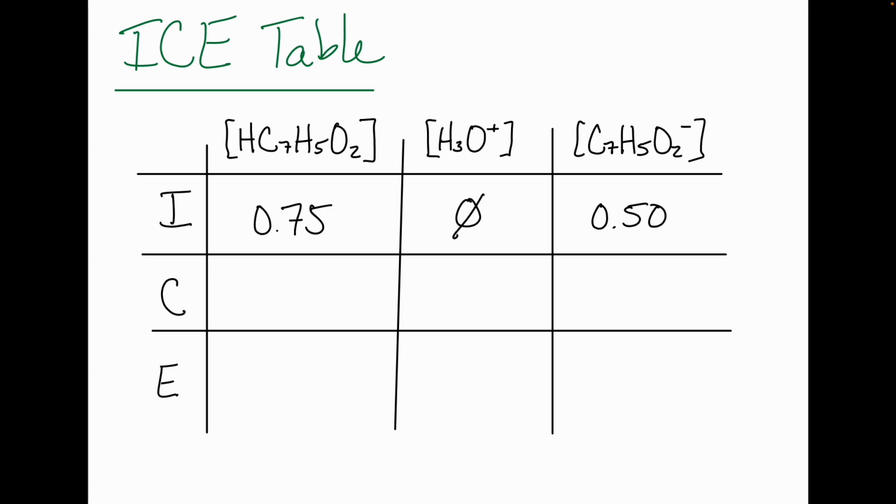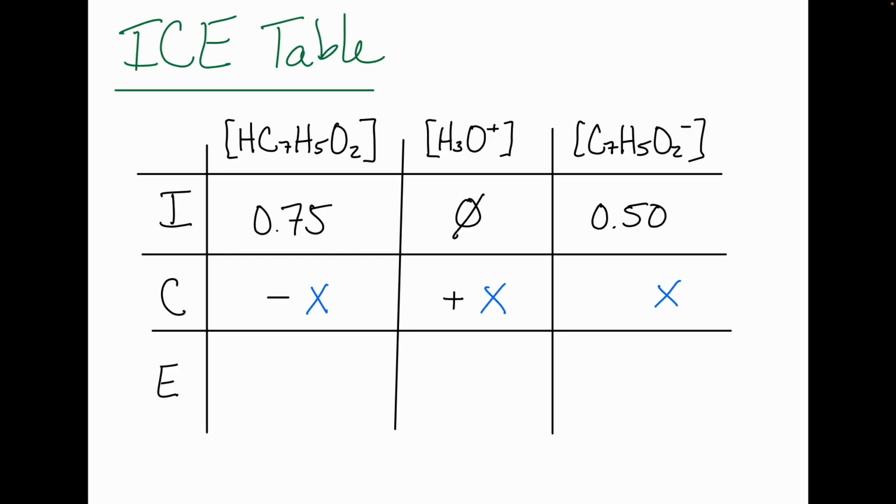All right, our change box is always that variable x, because this is what we're trying to figure out, how much of this reaction has occurred. But I've got to worry about my sign here. My benzoic acid is a reactant, so that's going to have what sign? That negative sign.